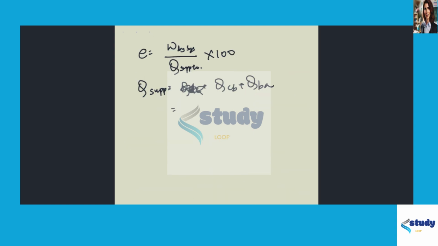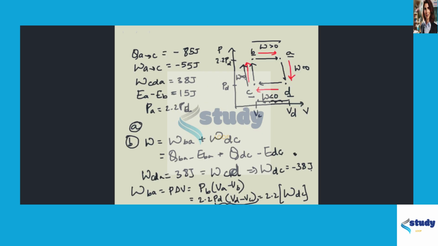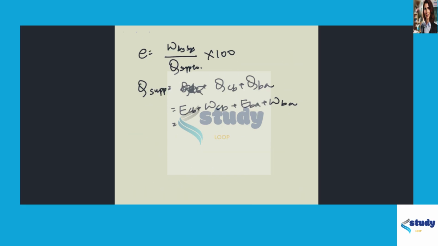Now we know that QCB is ECB plus WCB, and QBA is EBA plus WBA. Because in the process BC, the work done is 0, WCB is 0, so we have WBA plus ECB plus EBA, which is ECA.